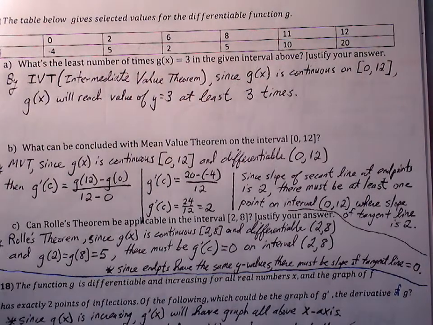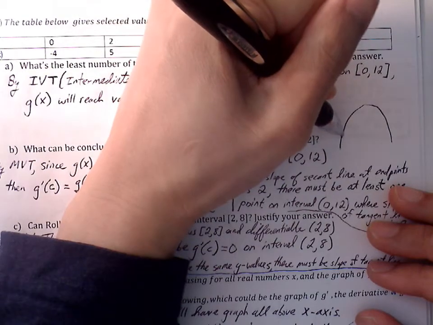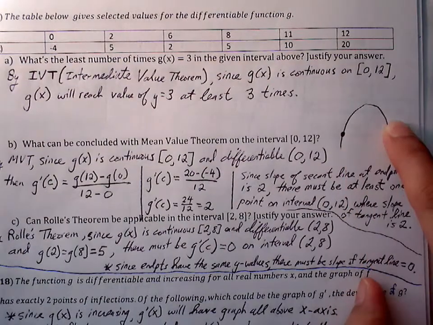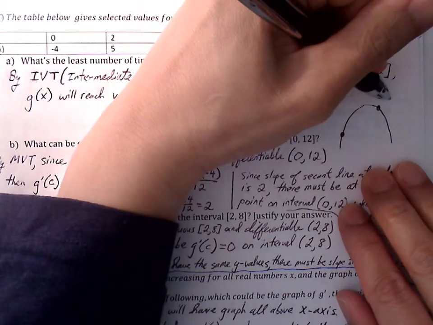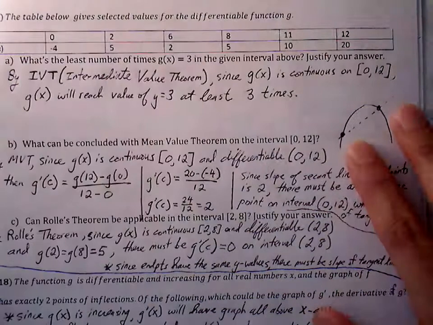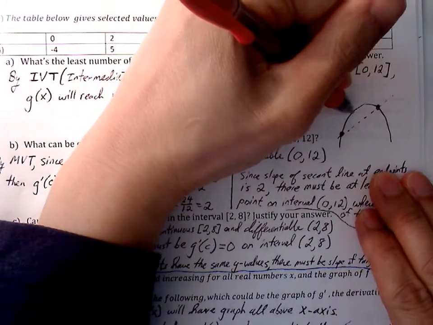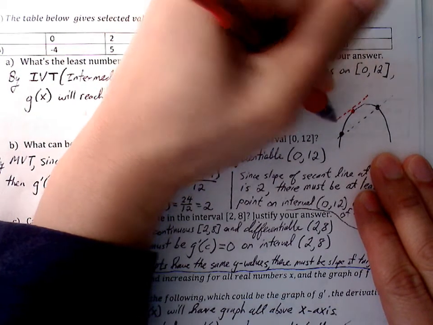So just to demonstrate that, let's say we had the first ordered pair at 0, -4. We have a second ordered pair at 12, 20. Because there's a slope of 2 between those endpoints, we know that somewhere between there must be at least another point where it's going to share that exact same steepness.